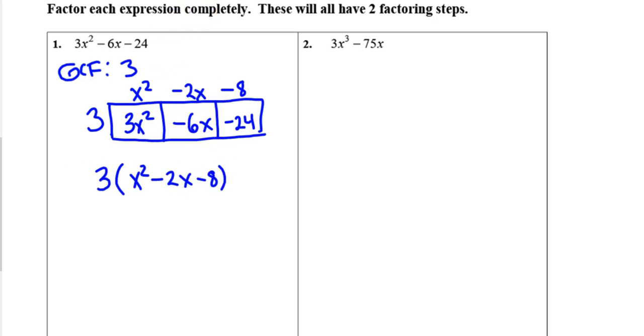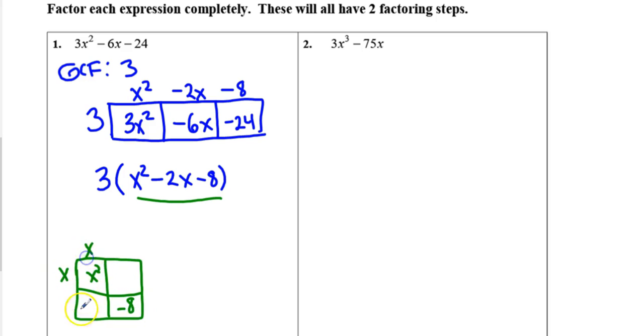Okay, we're halfway there. However, we can go a little further because this expression probably can be factored further. So I will draw my box down here. Okay, so I want factors of -8.